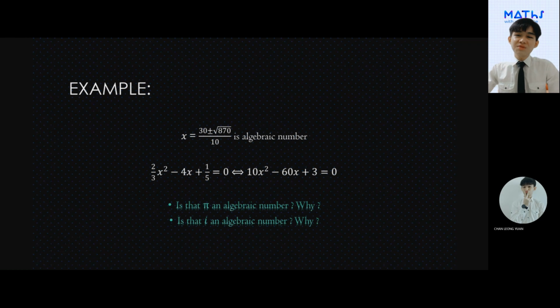Therefore, it doesn't matter whether the coefficients of the equation are rational or integer, because it's just a multiplication and division operation. Also, we cannot let the polynomial coefficients be irrational. If we do that, then every number will be algebraic.